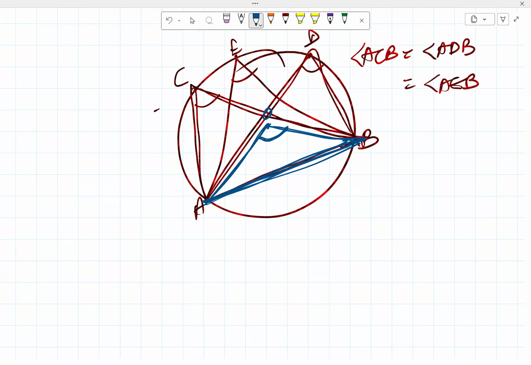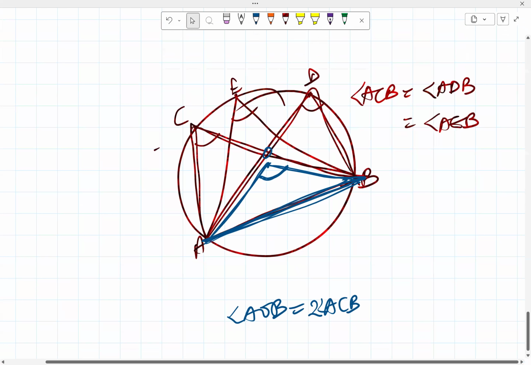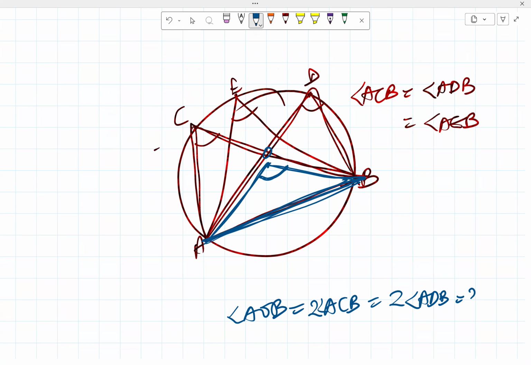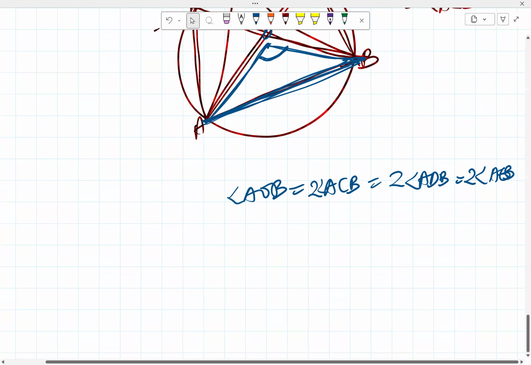It is established from the previous theorem that angle AOB is 2 times angle ACB, and it will also be 2 times angle ADB, and of course 2 times angle AEB. Anyhow you look at it, that's what it should be.